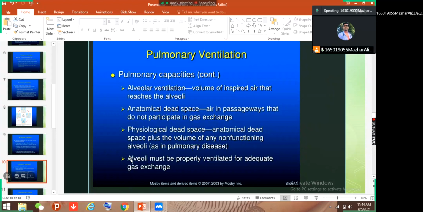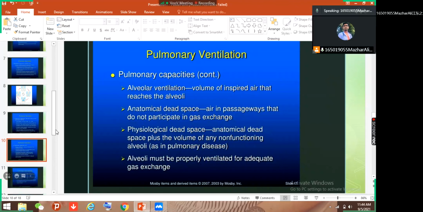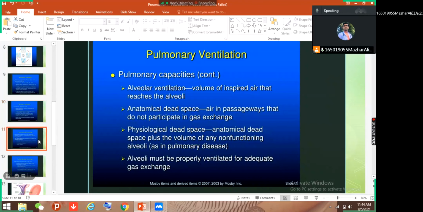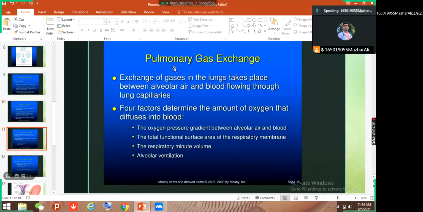Alveoli must be properly ventilated for adequate gas exchange. So alveoli must be good, right? Because when the alveolar diameter increases, their pressure decreases. When alveolar diameter decreases, their pressure increases. So this is a very important thing.